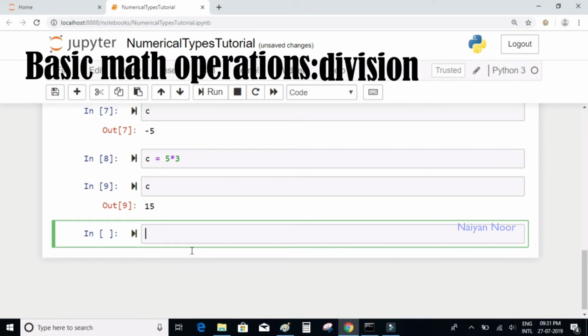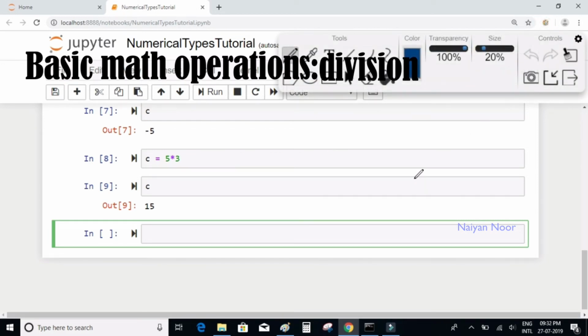And for division, we have 3 types of operators. So if you want just the quotient, let me demonstrate this example.